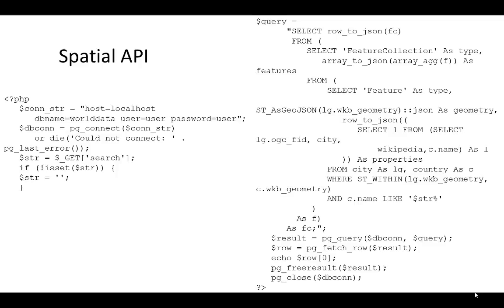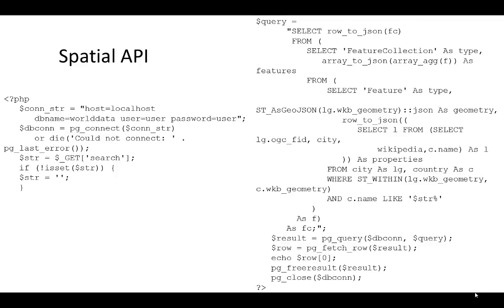So first of all, we're going to return data from city and country. We only want to return where the city is geometrically within the country. And we're passing a country name as a like string. So we're going to return all cities in countries that match the string that we pass in.